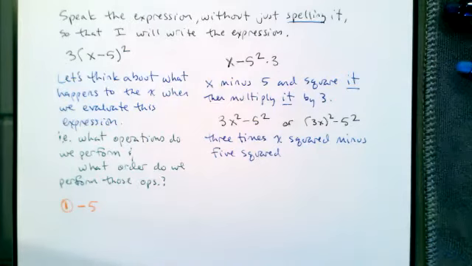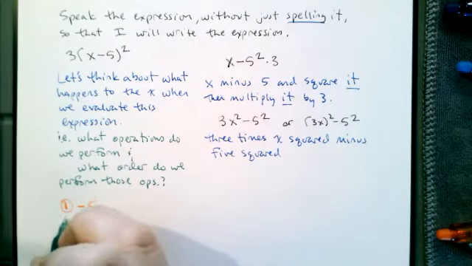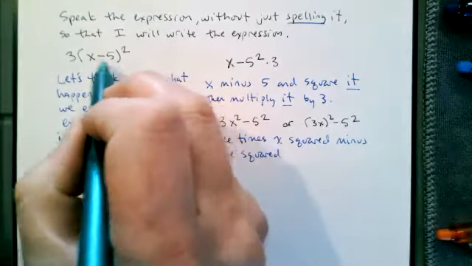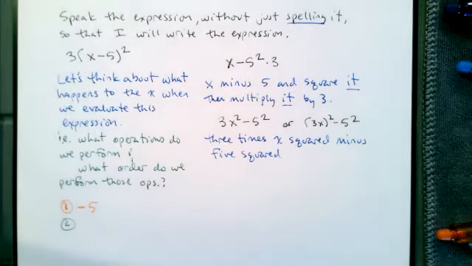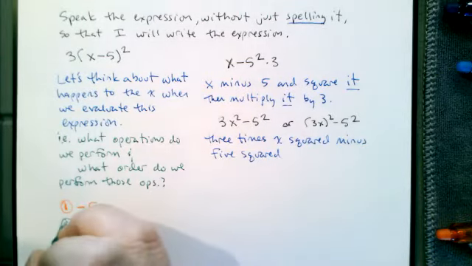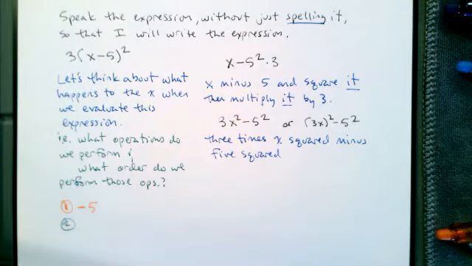So what would be the next thing we do? After we subtract 5, what's the next operation that we perform? We've taken care of the subtracting 5. We've still got multiplying by 3 and taking to the second power. Which of those do we do first? Do we multiply by 3 first, or do we exponent first? What goes first?